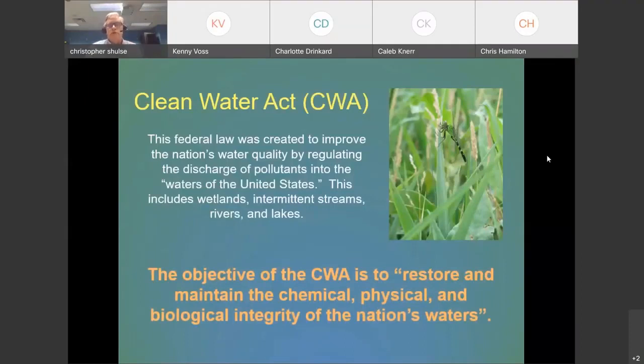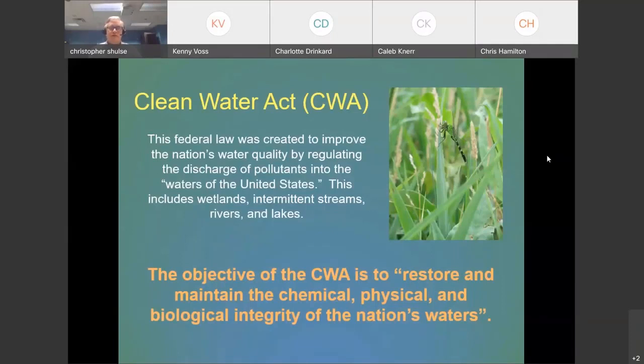So the Clean Water Act, this was born out of a desire to protect our nation's water quality by regulating the discharge of pollutants into waters of the United States. And that waters of the United States is in quotes because the definition of that is ever changing.